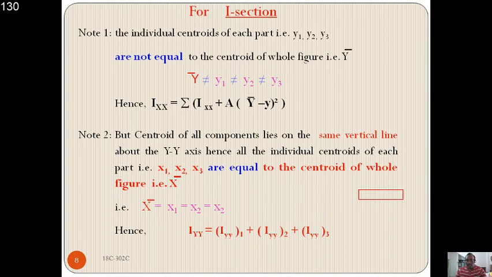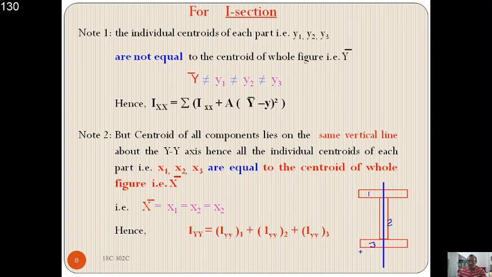So let us say a simple uniform I section. If this is the uniform I section and its y axis passes through the same point throughout the section, then this is part 1, this is part 2, and this is part 3.